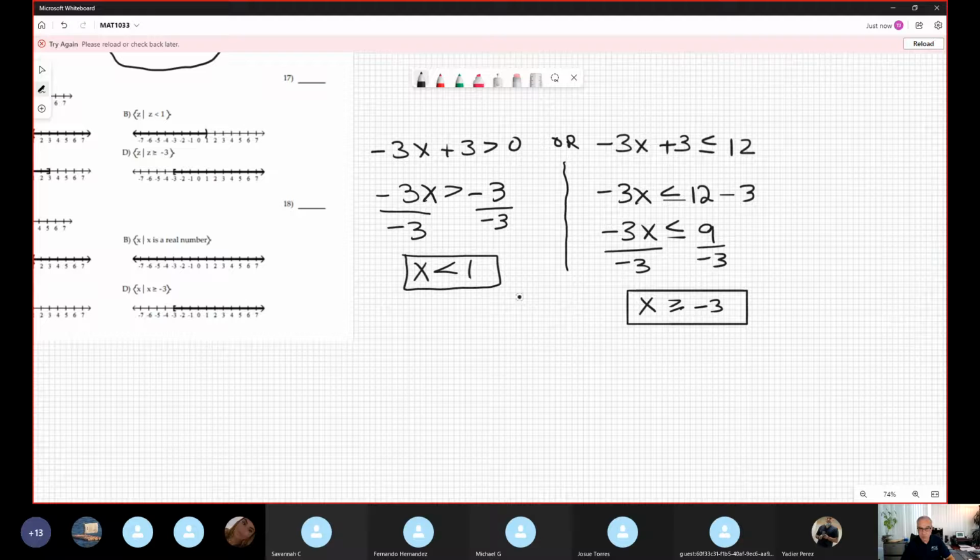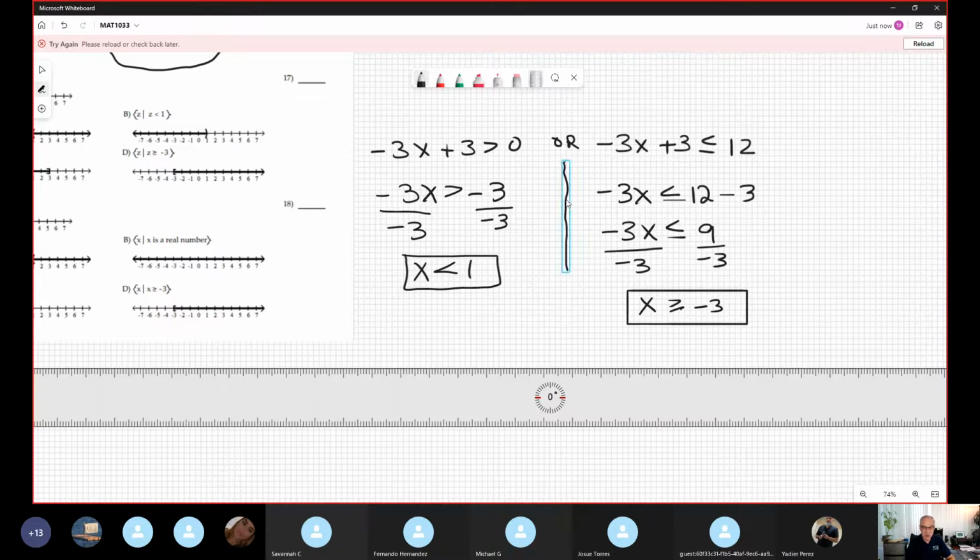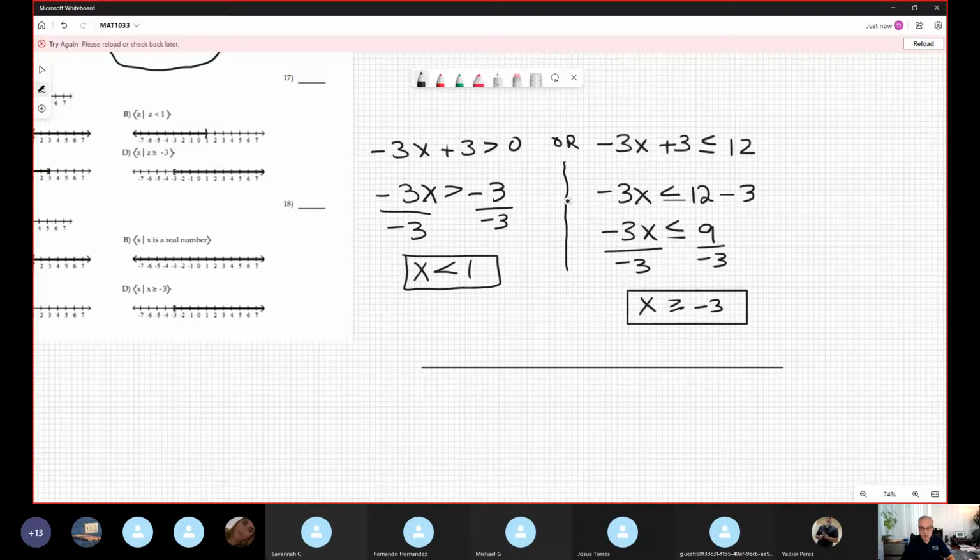Okay. It's similar, but this example brings a new situation. Pay attention. This is my final step, in which you put together both statements. This is 0, this is 1, and this is minus 3. Minus 1, 2, 3.